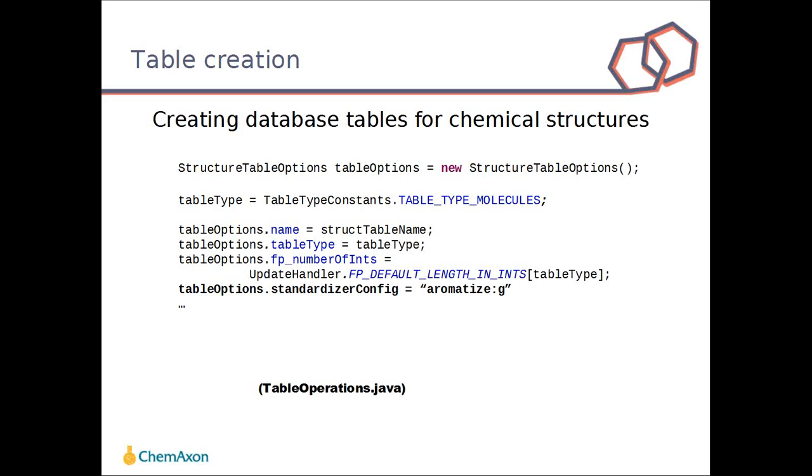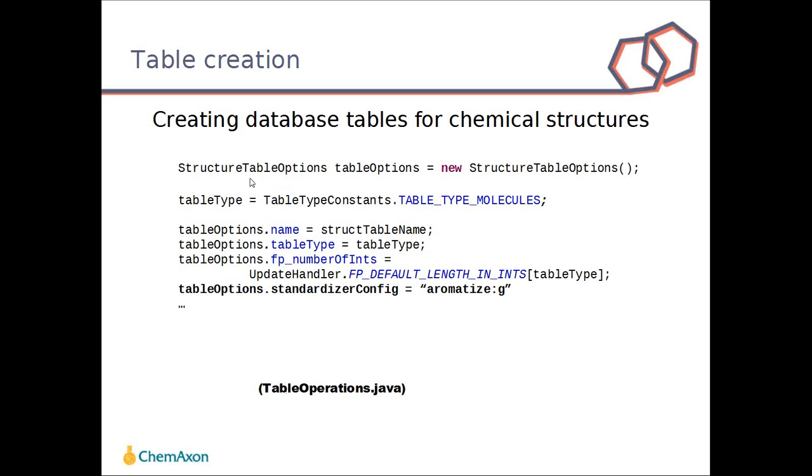This means that every structure that gets inserted in this table will be transformed according to this configuration, which can provide you functions with which you can bring structures drawn in different ways but meaning the same. For example, benzene in Kekulé and in aromatic form are brought to the same form, in which way both will be recognized during searching.